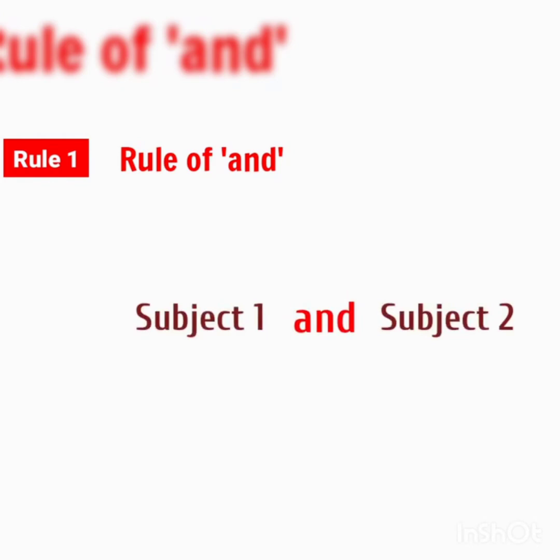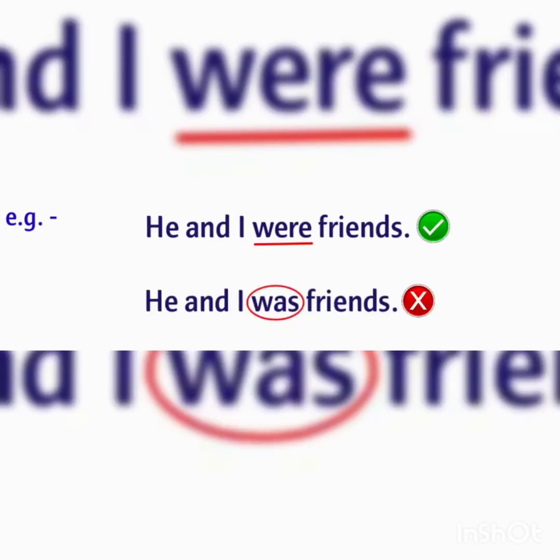So whenever there are two subjects joined with the word and, do remember to put a plural verb with them. Now let's see the example. Look here. He and I were friends. He and I was friend is wrong. He and I were friends is correct.